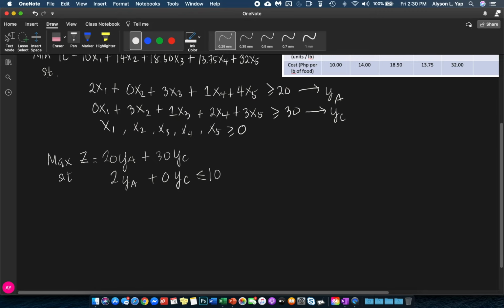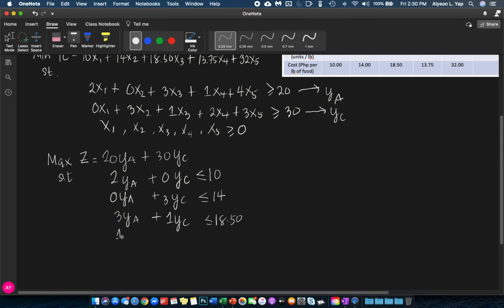Okay? Now, just to continue, for column x2, we have the coefficients 0 and 3. So that is a constraint 0YA plus 3YC less than or equal to 14. Next, you have 3YA plus 1YC less than or equal to 18.5.